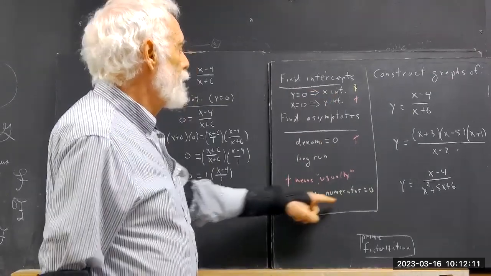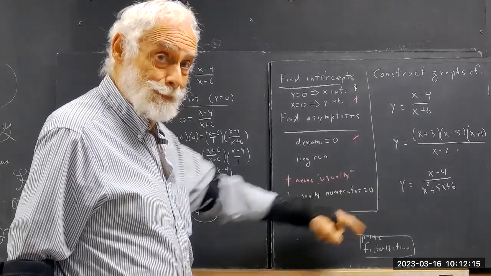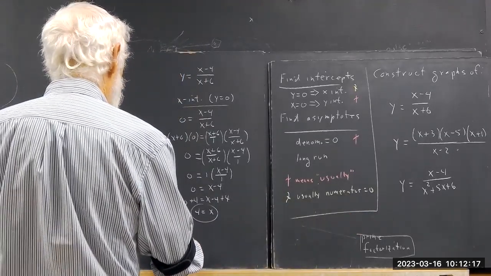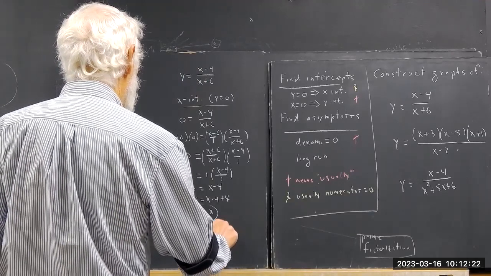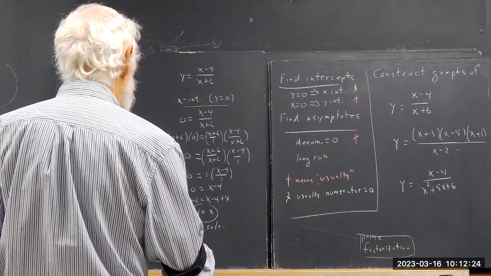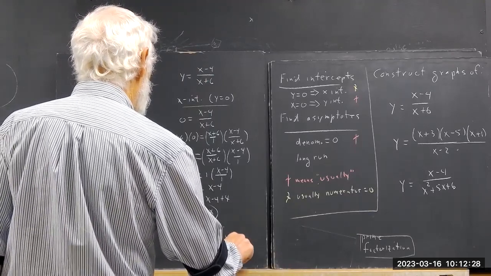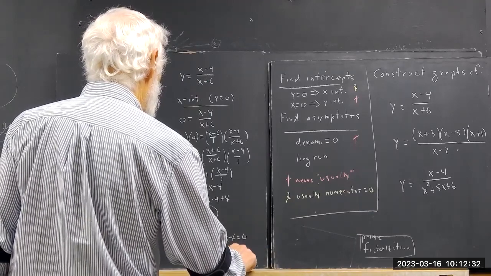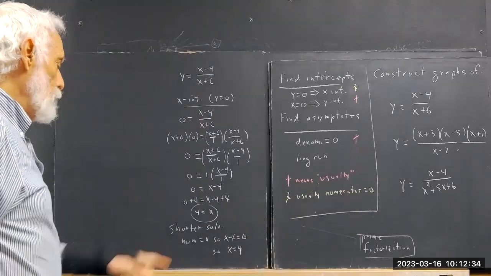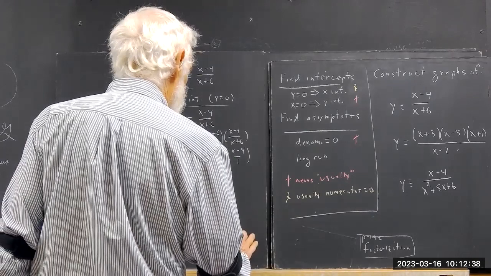As usual, the numerator equals 0. A shorter solution: numerator 0, so x minus 4 equals 0. So x equals 4.